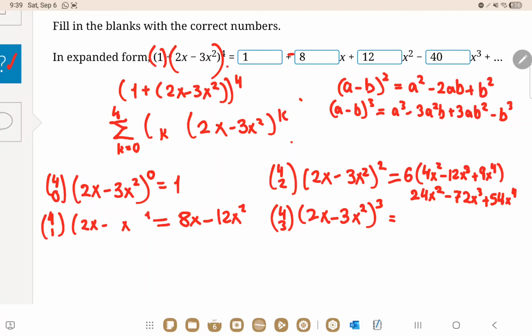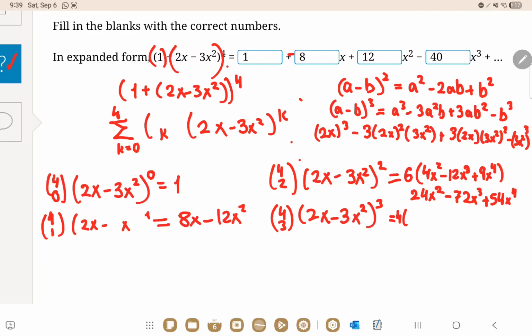And for combination 3 is gonna be 4 into, we're gonna need to distribute our values, so 2x all cubed minus 3 into 2x squared into 3x squared plus 3 into 2x into 3x squared minus 3x squared all cubed.